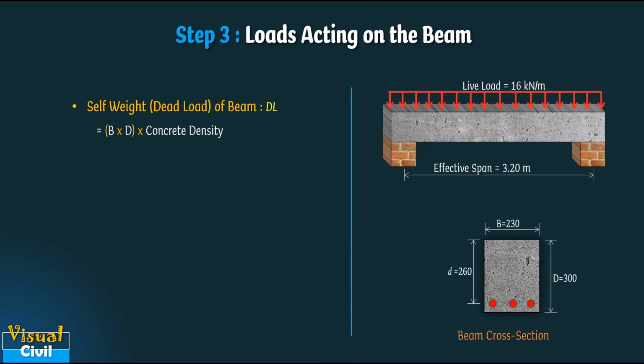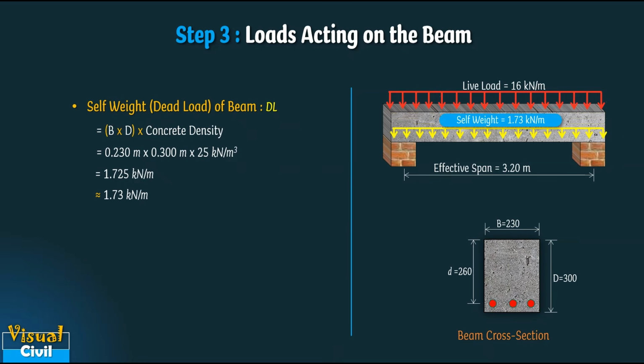After putting the values of concrete density, width and depth of beam, we get the dead load of the beam as 1.725 kN per meter. Round it off to 1.73 kN per meter, while the live load or imposed load on the beam is given as 16 kN per meter.